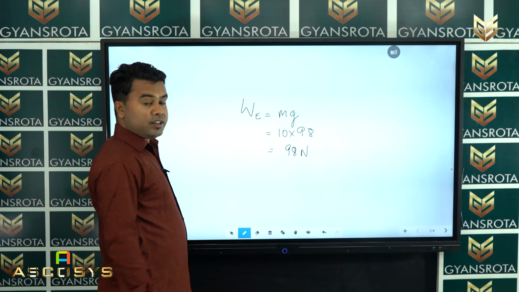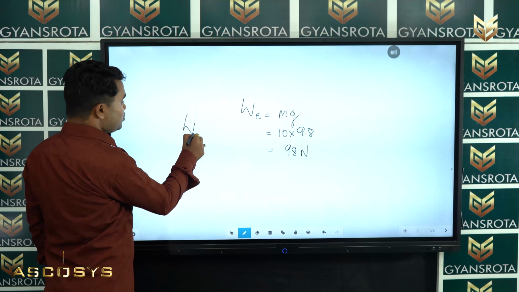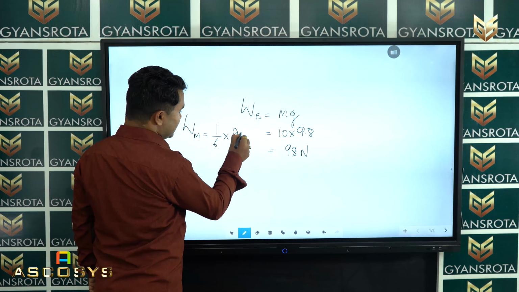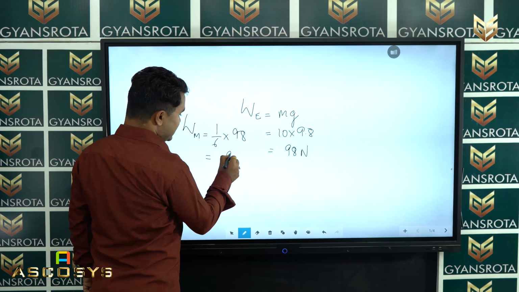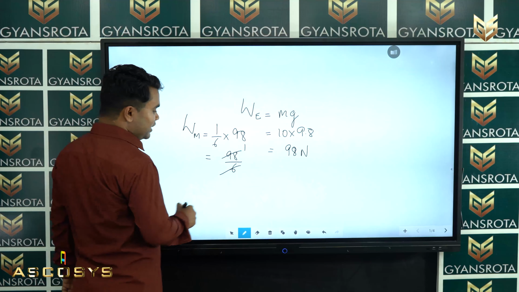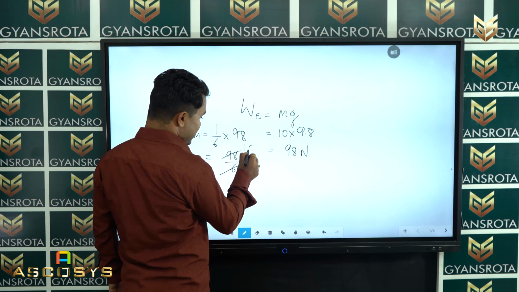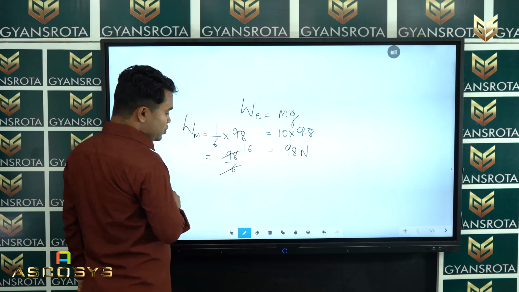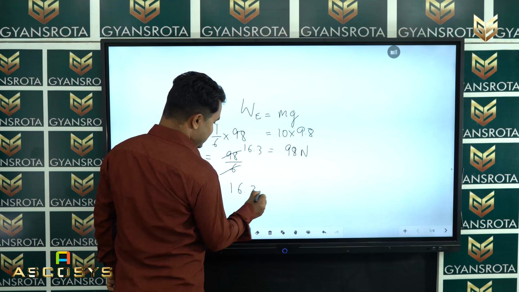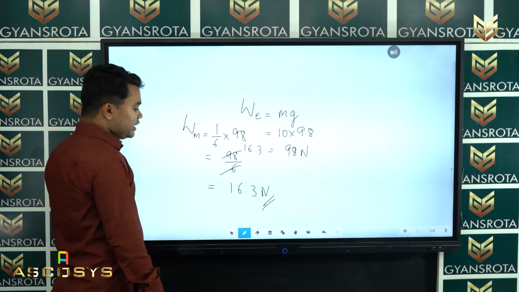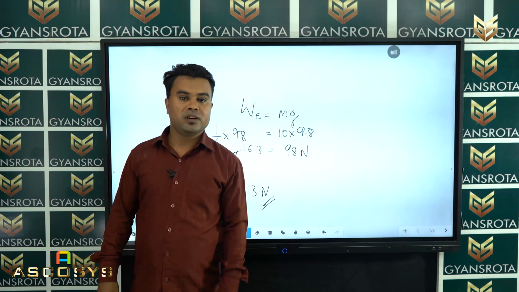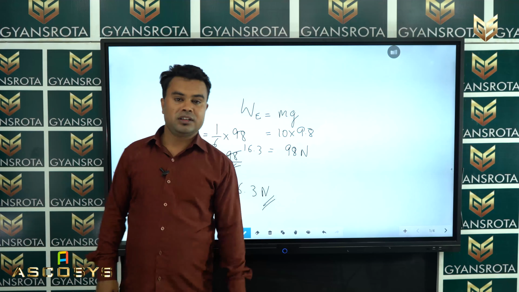Now you need to calculate for the case of the moon. The weight on the moon will be 1/6 times the weight on earth, that is 98 divided by 6. So it will be 16.3 Newton. So the weight on the moon will reduce if you go there, compared to that on earth, right?